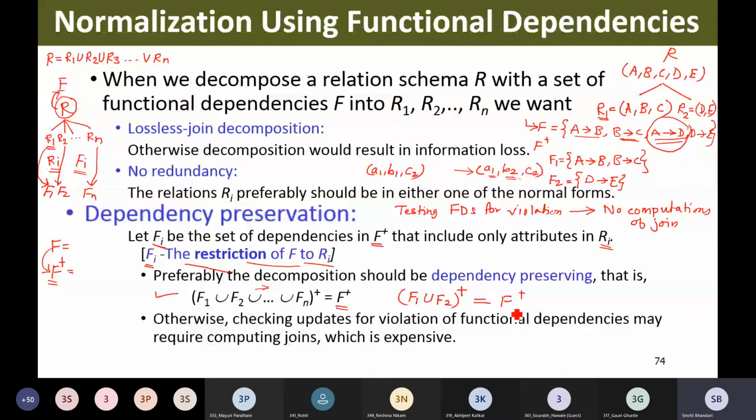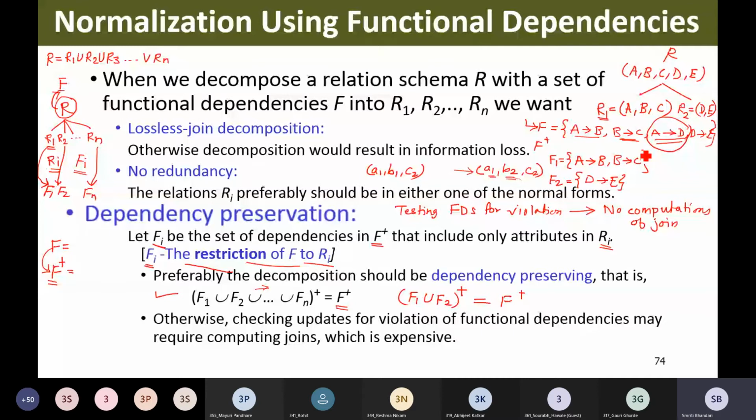But in my F plus, which is the original set of functional dependencies, I have this A to D dependency. If I compute the closure of the restricted sets, I may not have this dependency in this closure of F1 union F2. So in this scenario, I may say that the closure of F1 union F2 is not equal to my F plus.